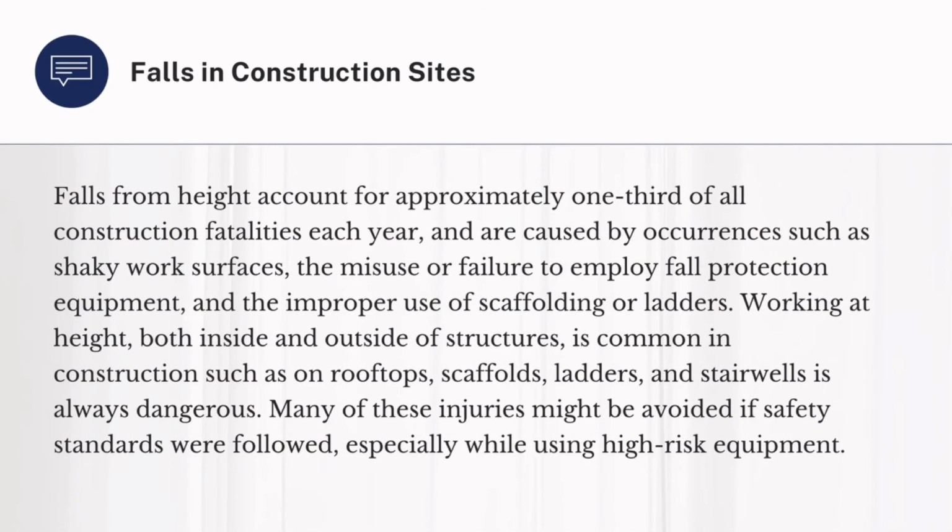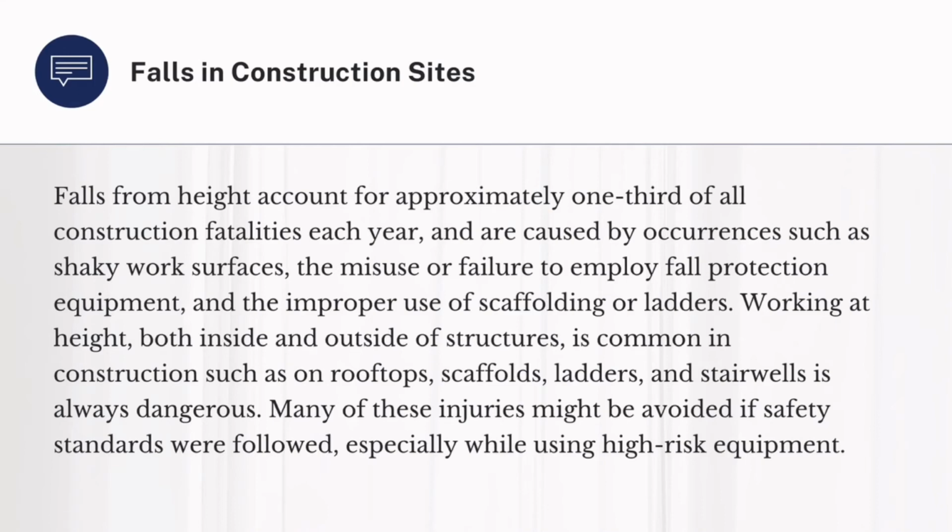Falls from height account for approximately 1/3 of all construction fatalities each year and are caused by occurrences such as shaky work surfaces, misuse or failure to deploy fall protection equipment, and inappropriate use of scaffolding or ladders. Working at height, both inside and outside the structure, such as on rooftops, scaffolds, ladders, and stairwells, is always dangerous.